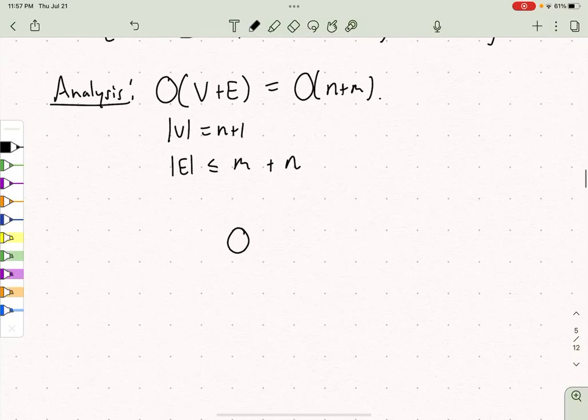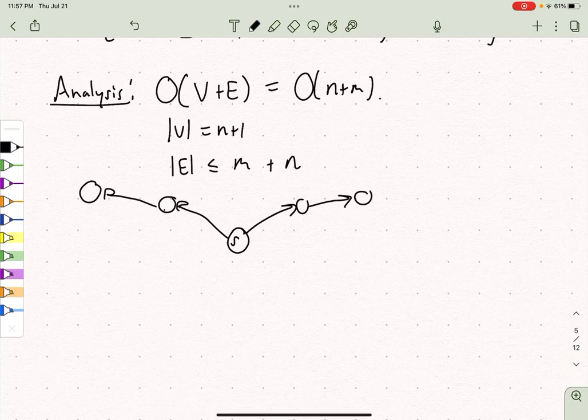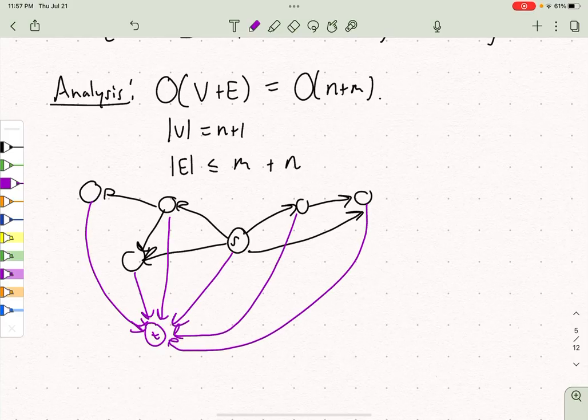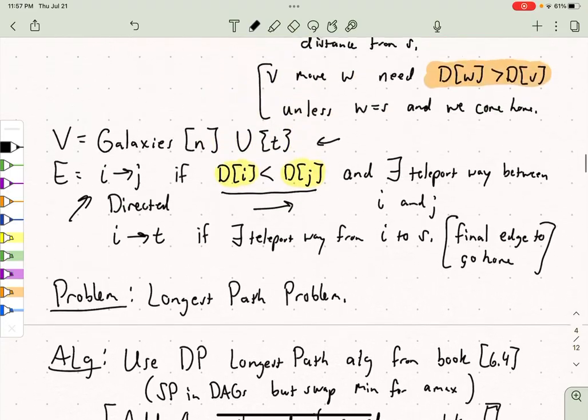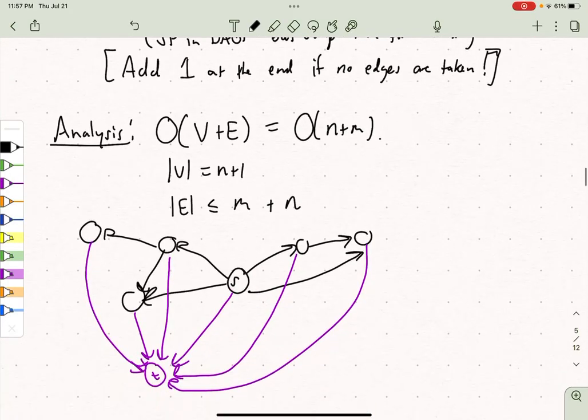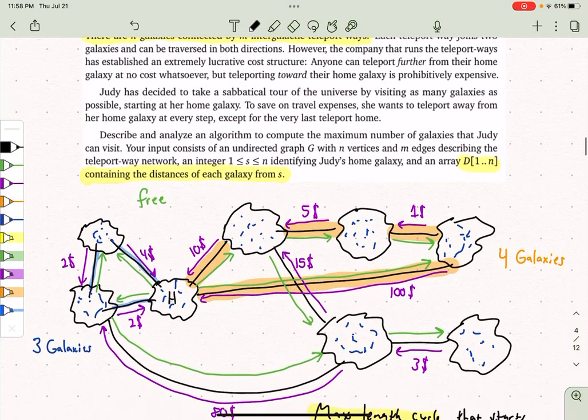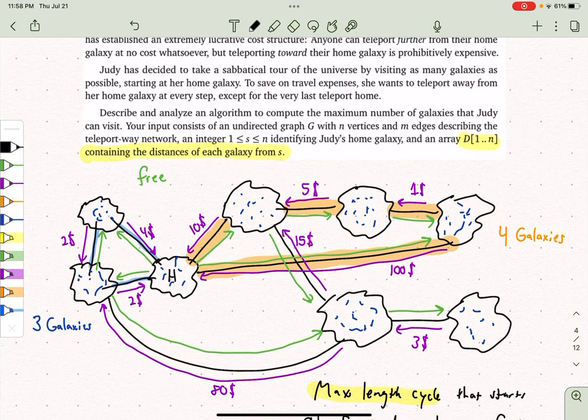Visually, you could draw this as you're starting at s, you move farther and farther away, keep moving away, something like this, and then at the very end, they all have edges to the final t node. So clearly this thing doesn't have any cycles. But formally, it's because of that distance. Okay, cool. So that's a second example, an intergalactic example of how to use graph reductions.